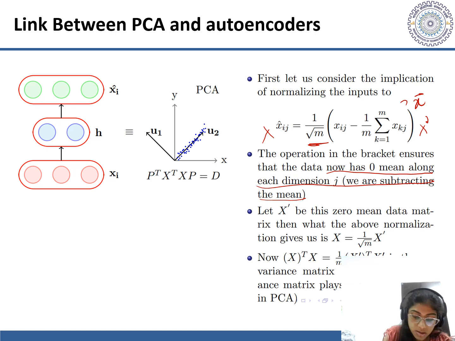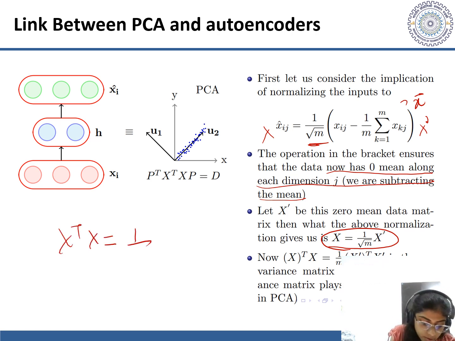This is my x. Now I have x is equal to 1 by root m of x dash. Now I have x transpose x, which is equal to 1 by m x dash transpose x dash.